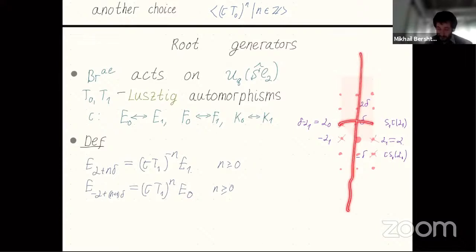Tau goes to here, and then S1 goes to here. And in this form, I wrote the inverse, which is tau T1 inverse. So this is a braidization of this element of the affine Weyl group. Other questions?